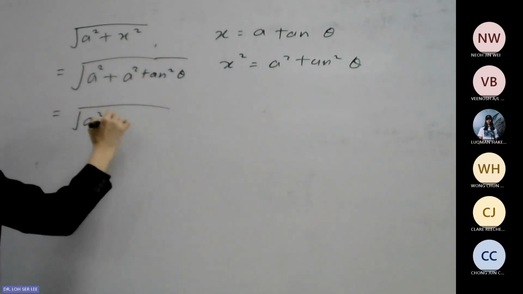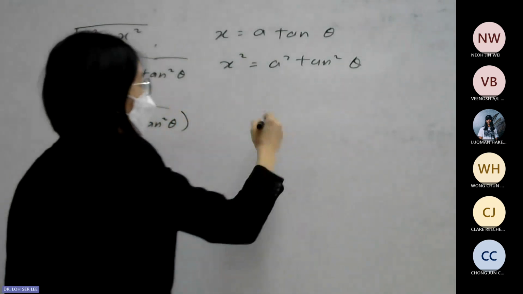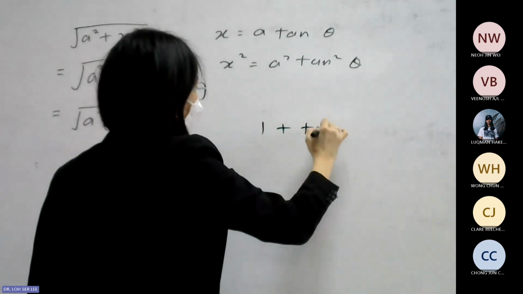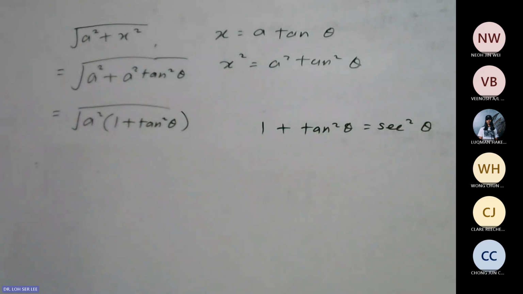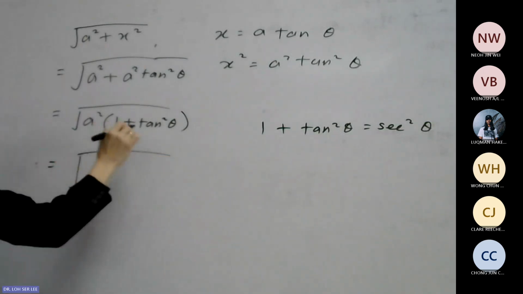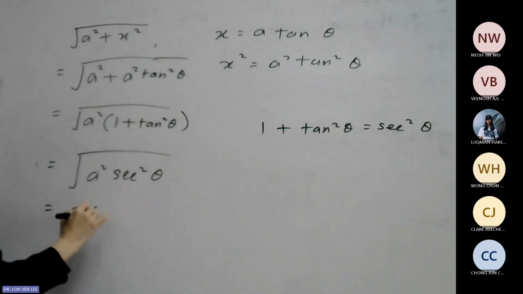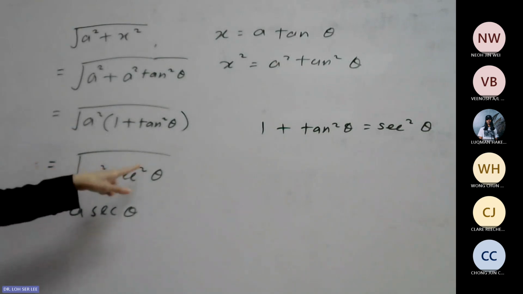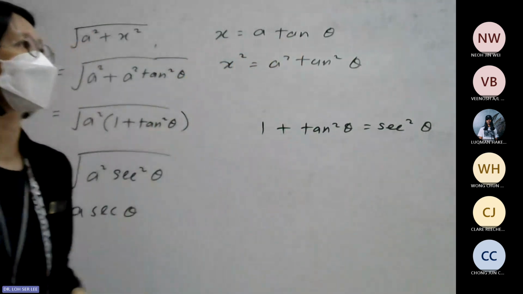After the factorization, you have a squared times 1 plus tangent squared theta. 1 plus tangent squared theta is secant squared theta. This is another identity. At the end, we are able to get rid of the square root, and that's why we use this as the substitution.